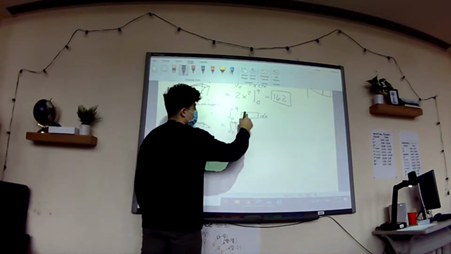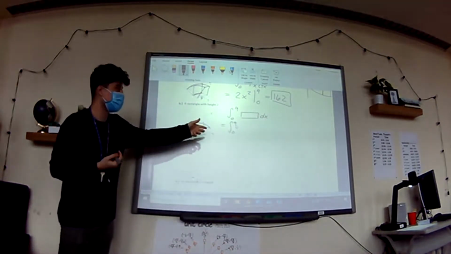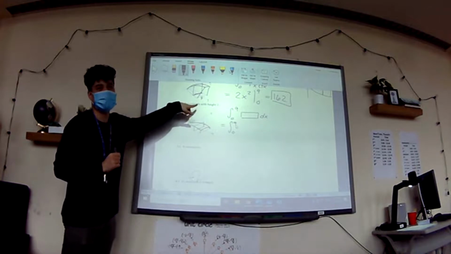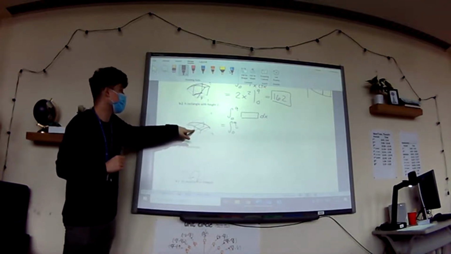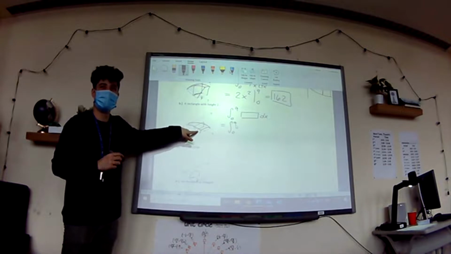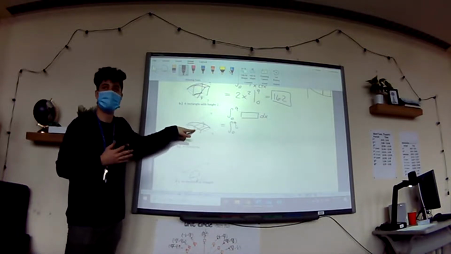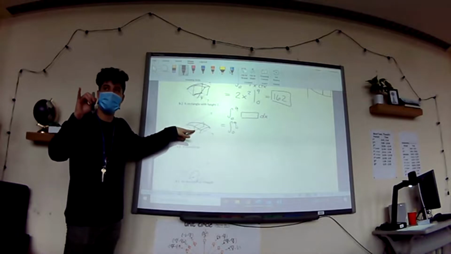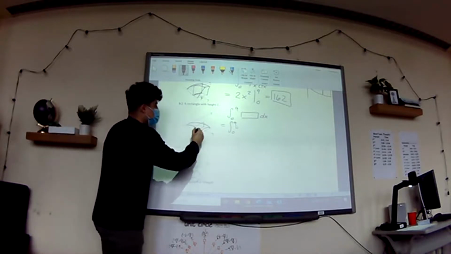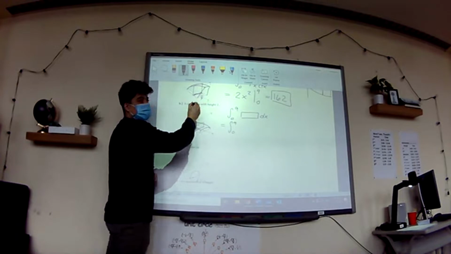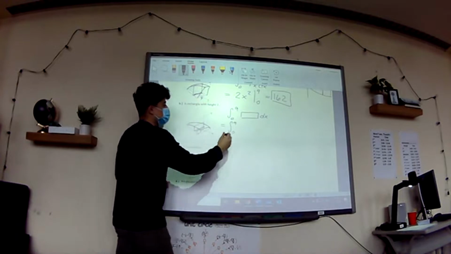Okay, so what's a rectangle? Well, the area of it would be base times height. Okay, what would be the base, just to make sure you're with me? Yeah, it's the same as this. Still 2 root x.